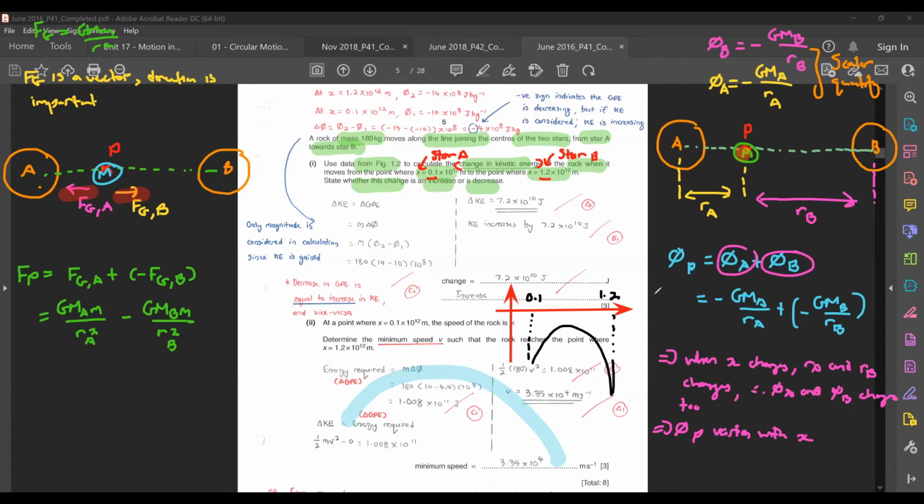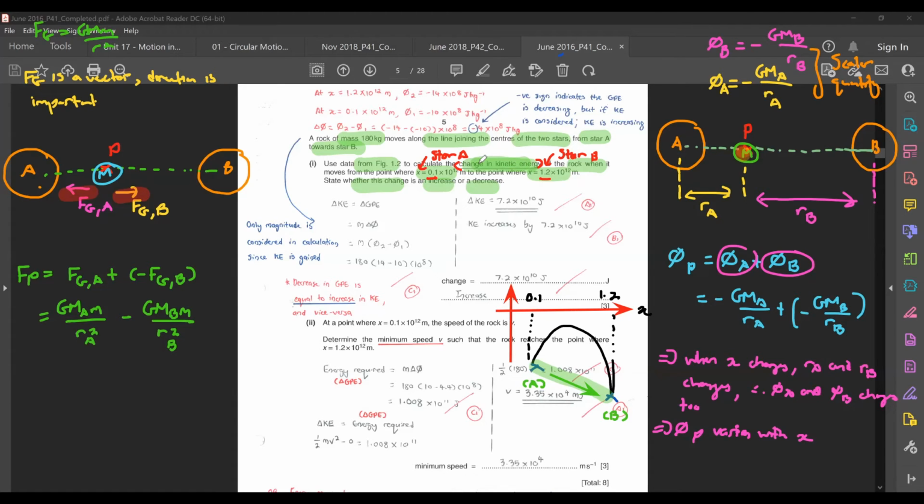Okay, so right now they're telling you that you are basically moving from this point to this point. You're moving in this direction, like this, from star A to star B. So they want you to find out, if I move like that from star A to star B, what is my change in kinetic energy?